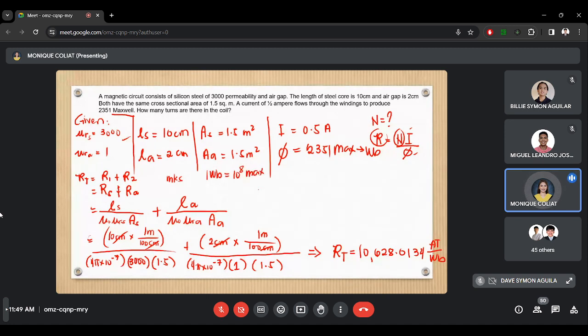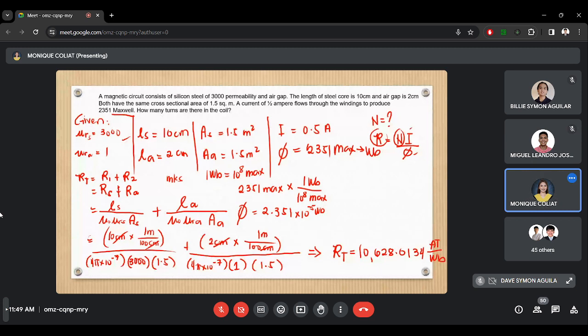So convert: 2,351 Maxwell times 1 Weber over 10 raised to 8 Maxwell. So what is our flux? 2.351 times 10 raised to negative 5.